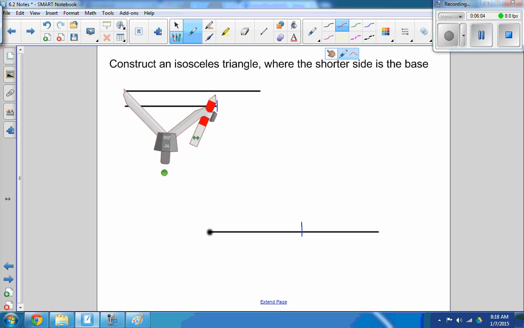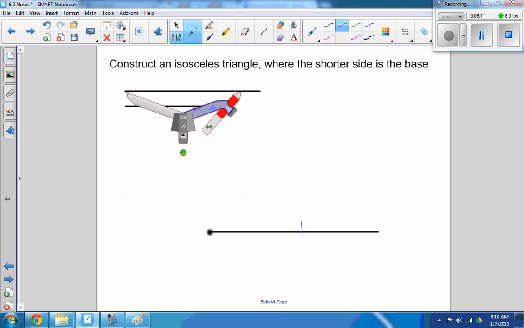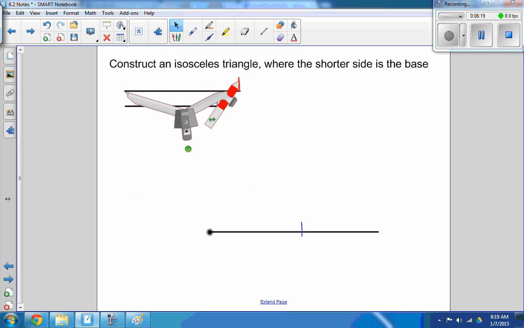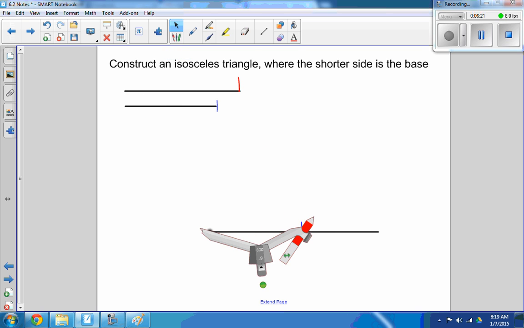Now let's find the length of these other sides. Oh, looks like I made my line a little too long. Let me shorten that. Longer than my compass can get, at least. That's that length.